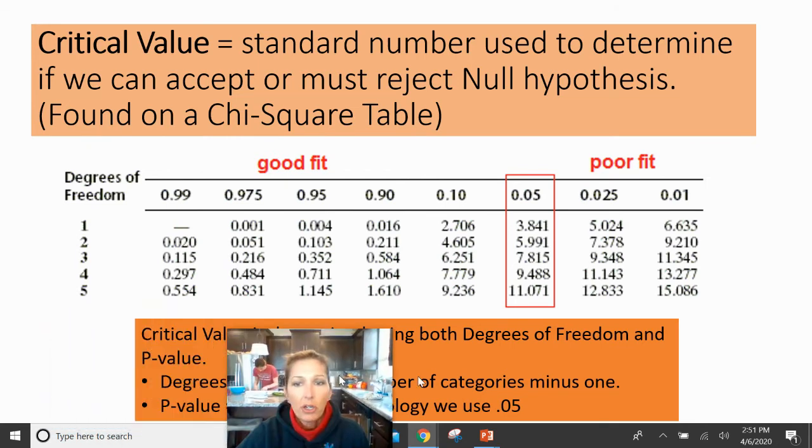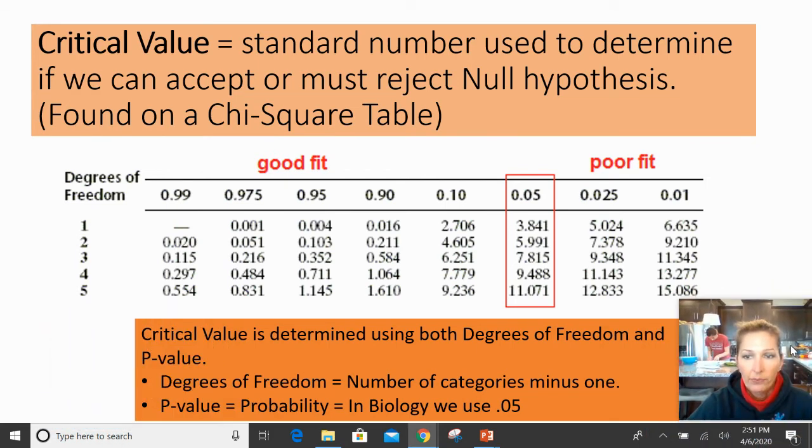Now, some terms that you need to know: when you calculate a chi-square value, that chi-square number is useless to you, except you compare it to this critical values chart. So you will be given a chart on your equation sheet. It says chi-square table.